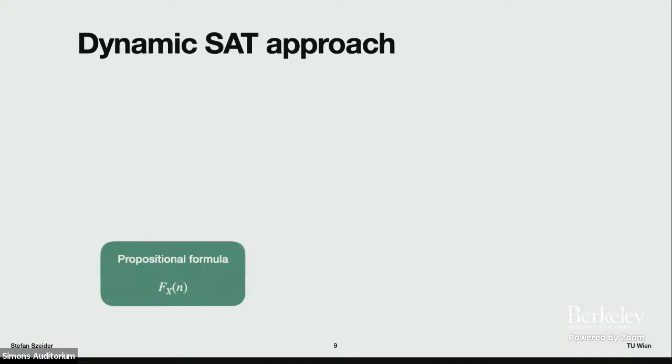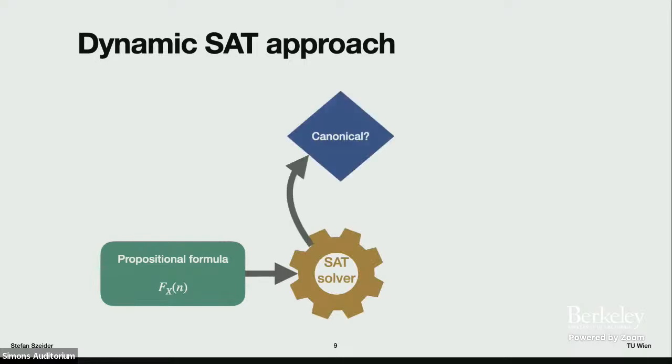So here again, we have a propositional formula that expresses our property, but just this formula is the only input to the SAT solver. But now we use a propagator. Whenever the SAT solver finds a model, or maybe earlier when it has already decided some of the relevant variables, it asks an external tool that looks whether this is canonical or not.